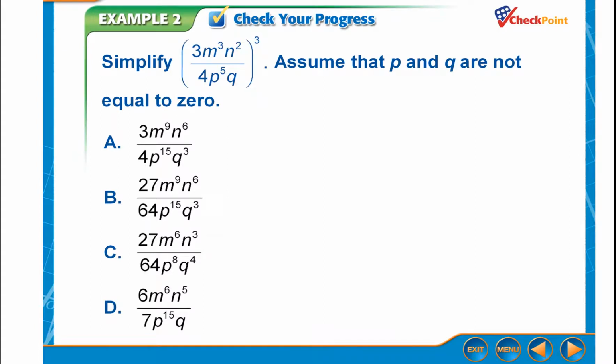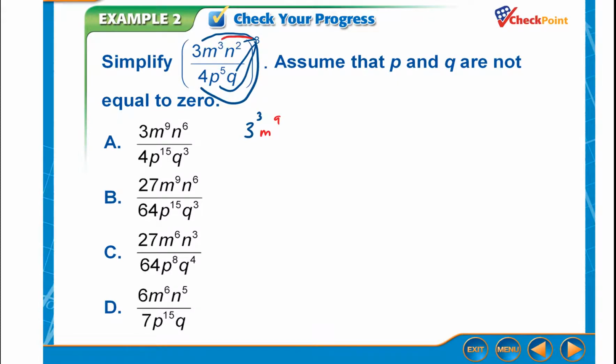Okay, simplify this. So I need to distribute my 3 up here to each thing, all 6 of these numbers inside. Okay, let's rewrite it. So I have 3 to the third, but then m to the third power. I'm taking a power to a power, so I multiply: m to the ninth.